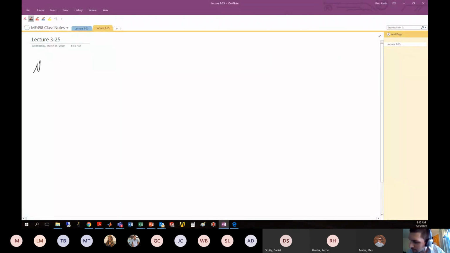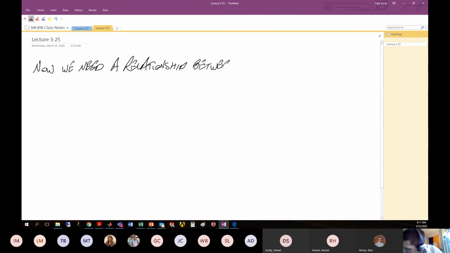So now we need a relationship between applied forces and moments to stresses and strains.